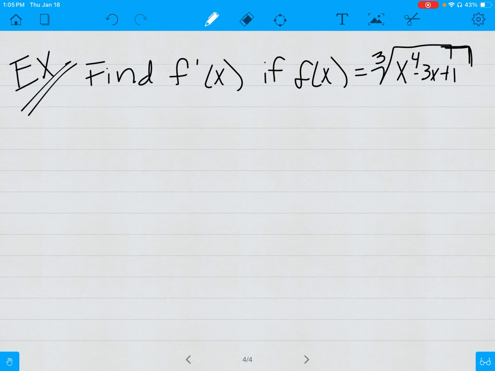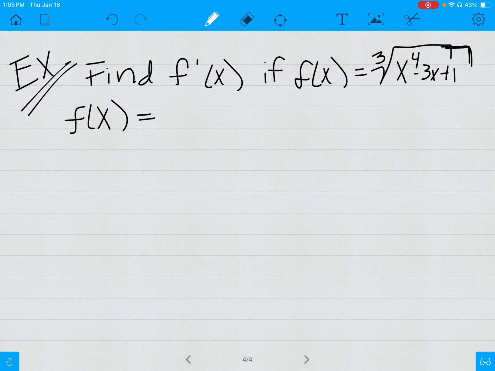First thing I would recommend doing is if you're dealing with something like a square root, a cube root, etc., that you rewrite the function so that it looks like something in parentheses being raised to a power rather than having the root symbol.